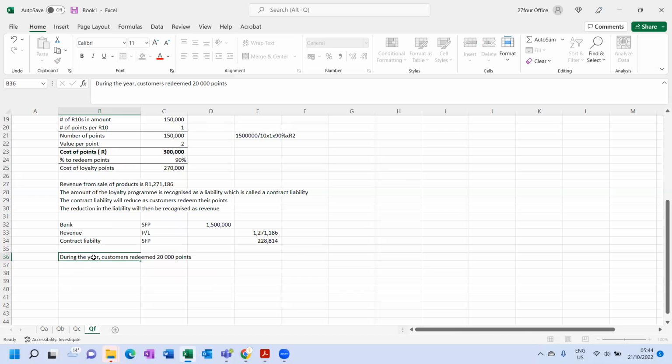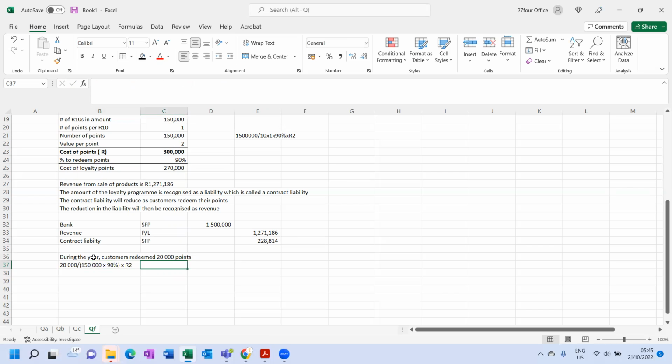So what is that equal to? It is 20,000 points divided by the total number of points, which is 150,000, but we only expect 90%. So we don't account for 150,000 points, we account for 90% of 150,000 points. And the value of the points is 2 rand.